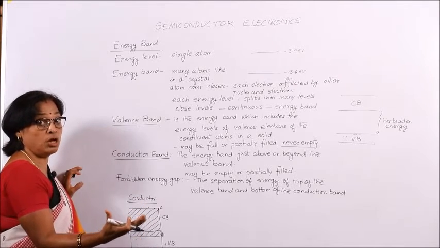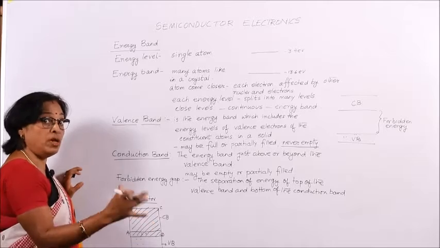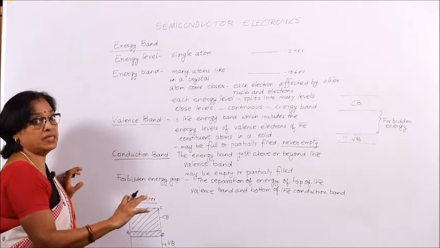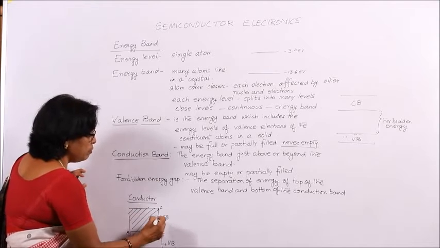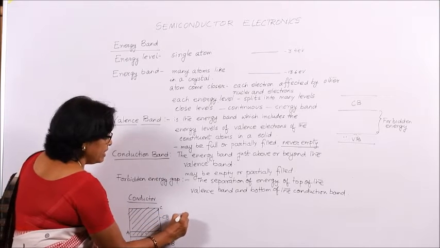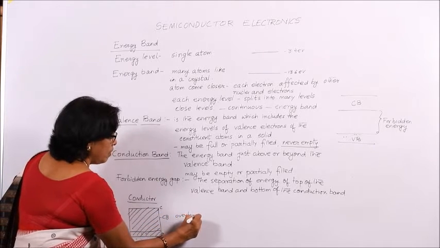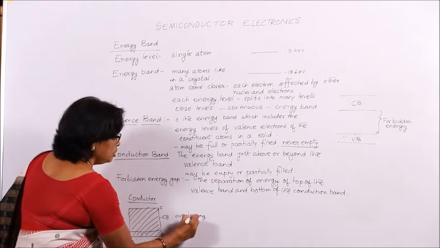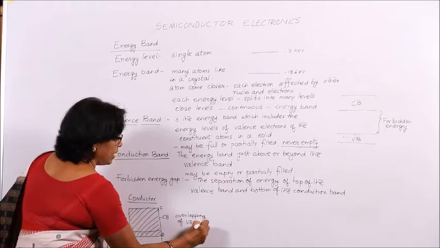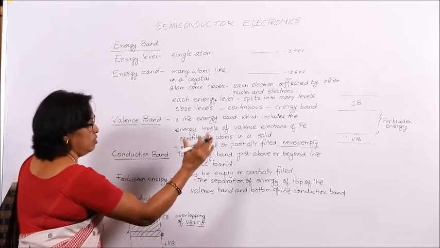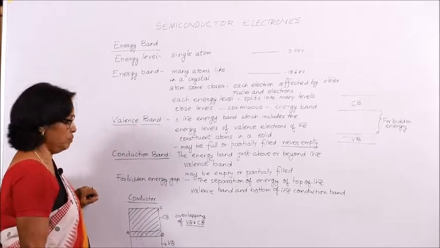So for all time to come, there are always some electrons present in the conduction band. So in the conductor, the main criterion is the overlapping of valence band and conduction band. There is no separation, there is no forbidden energy.